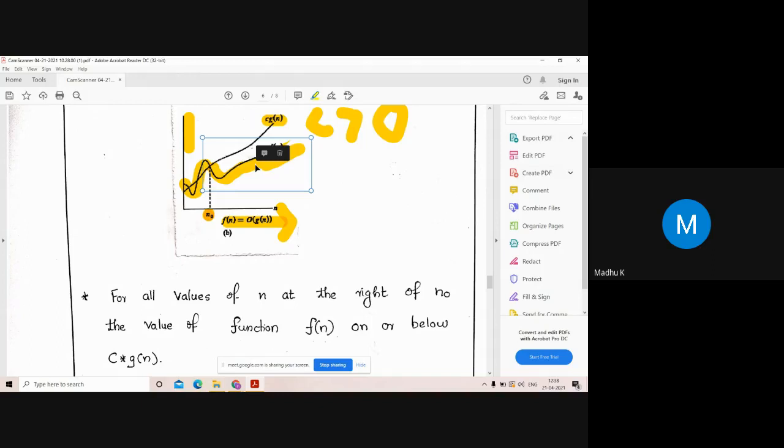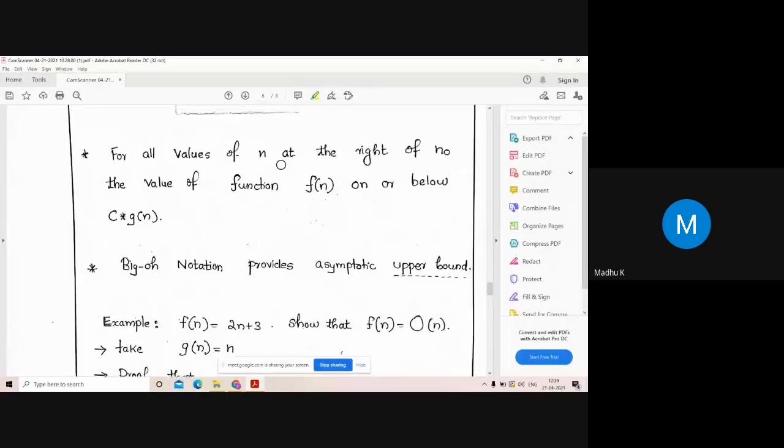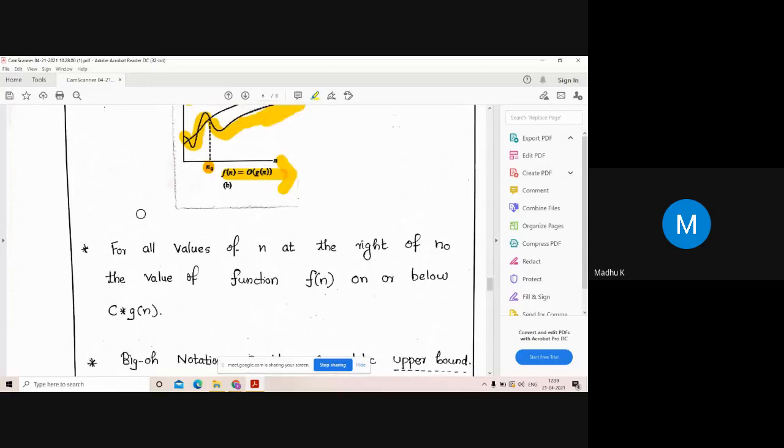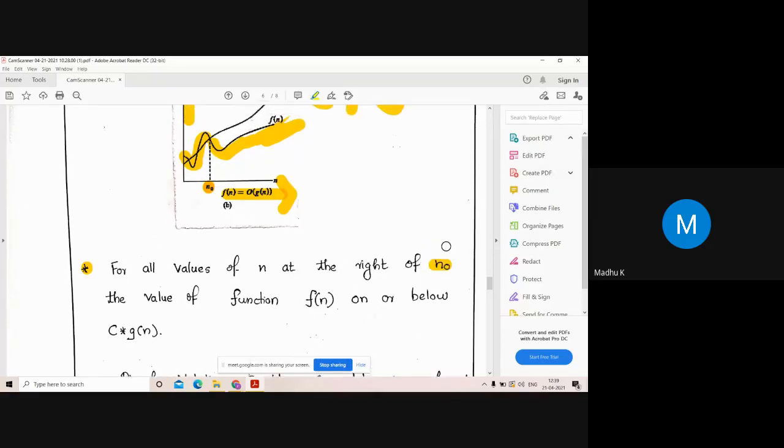For all values of n at the right of n0, f of n should be less than c into g of n. This is the description of it, for all values of n at the right of n0. What is n0?